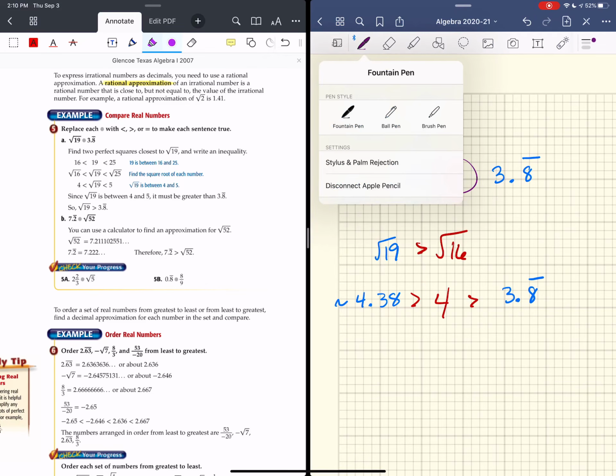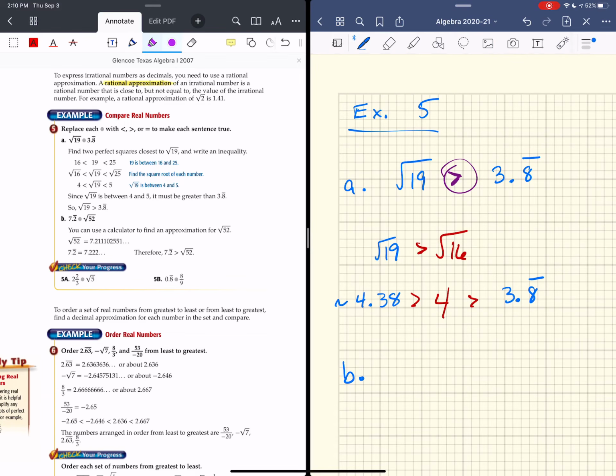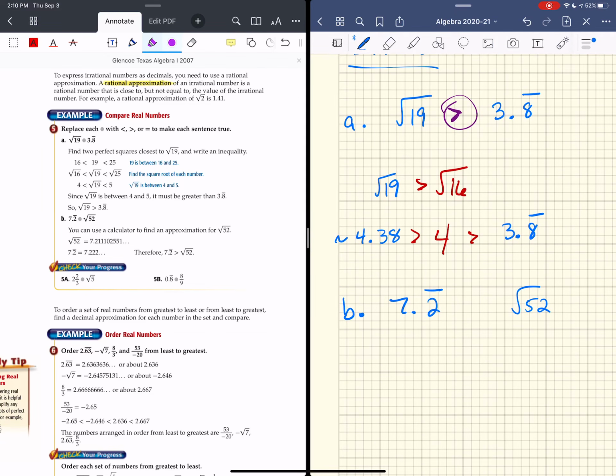Let's try the same thing on example 5b. So for 5b, I'm comparing 7.2 repeating to the square root of 52. And again, what I notice here is, well, the square root of 52 is something that the square root of 49 would be less than. And I know what the square root of 49 is.